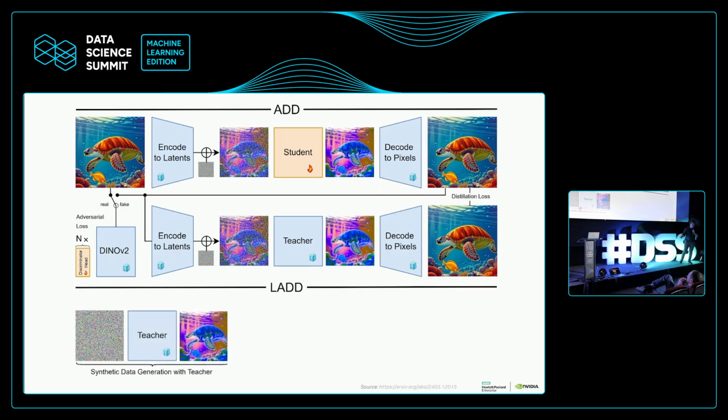We start with pure noise, and we use a pre-trained teacher model to generate the synthetic dataset. So here, we are not using any real data for the training. Everything that the student sees is generated by another diffusion model.